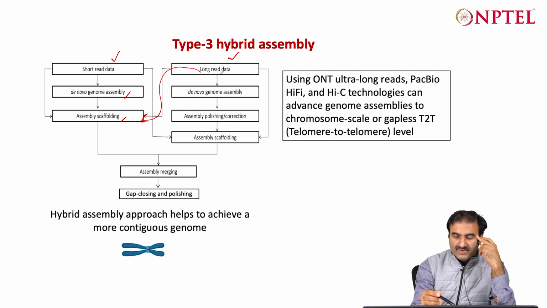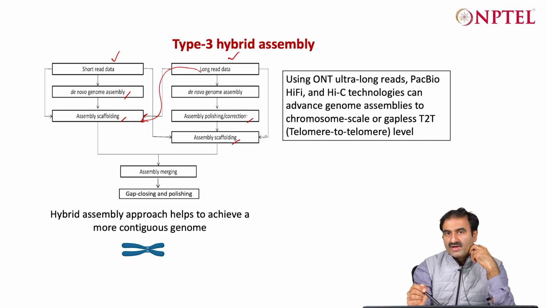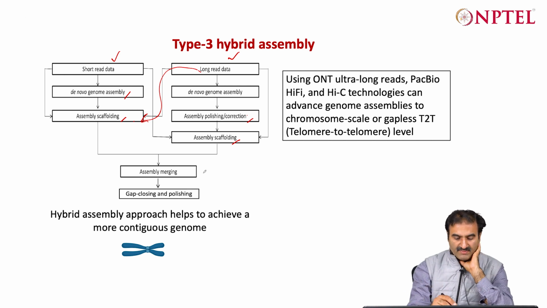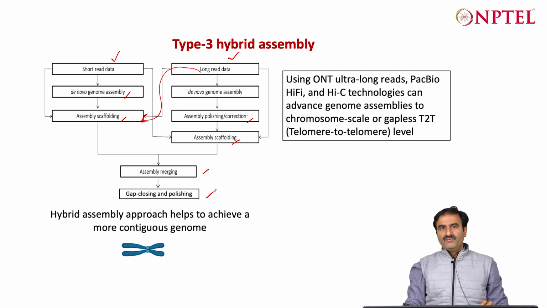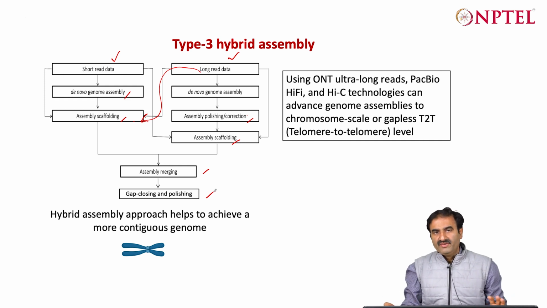Or you have done the long read de novo assembly and polishing correction, and then at this step you can use the short read data for scaffolding and also the polishing, right? And then you can merge, and again you can go for another round of gap closing and polishing using either long or short reads. So in this way you can use both the technologies, long and short reads, to achieve a better quality genome assembly.